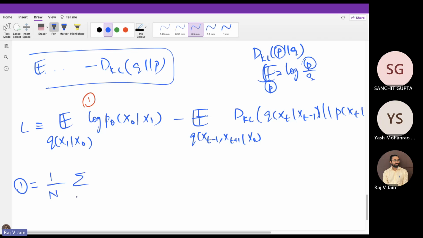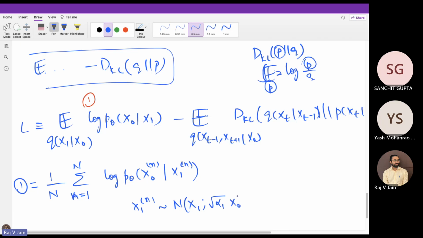I have N samples, n equal to 1 to capital N, right? I will look at log p theta of x naught n, the nth sample, given x1n, where x1n will be a sample from the Gaussian distribution centered around the mean root alpha 1 times x naught n, which I already have, with variance 1 minus alpha 1 times I, right?